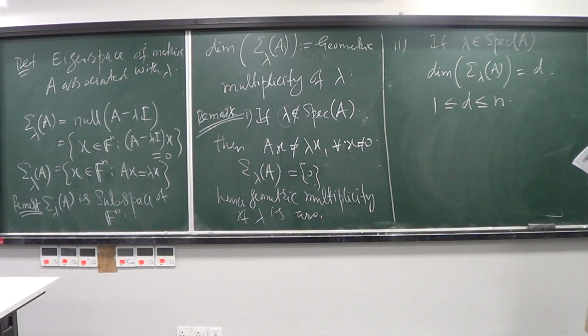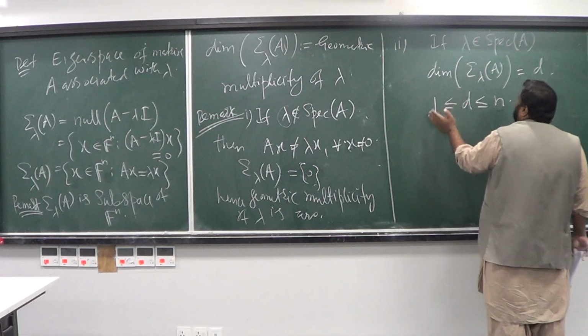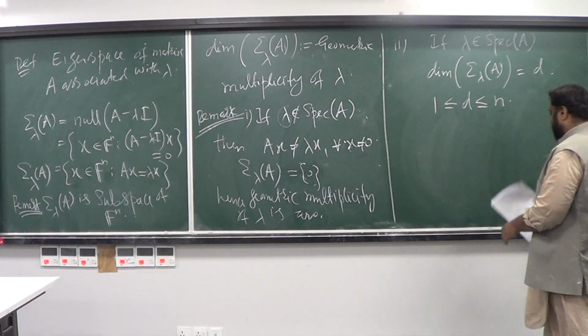So if lambda is indeed an eigenvalue, then the dimension of the eigenspace is going to be between 1 and n, and hence the geometric multiplicity of lambda is going to be between 1 and n.